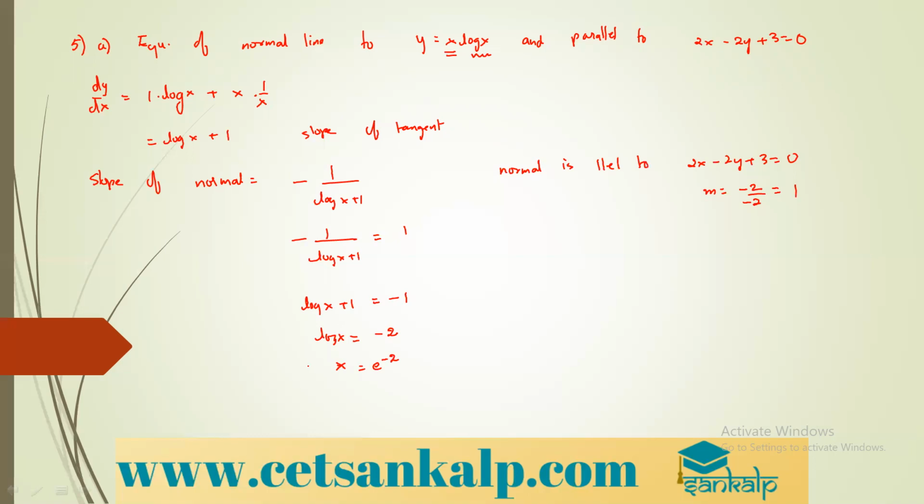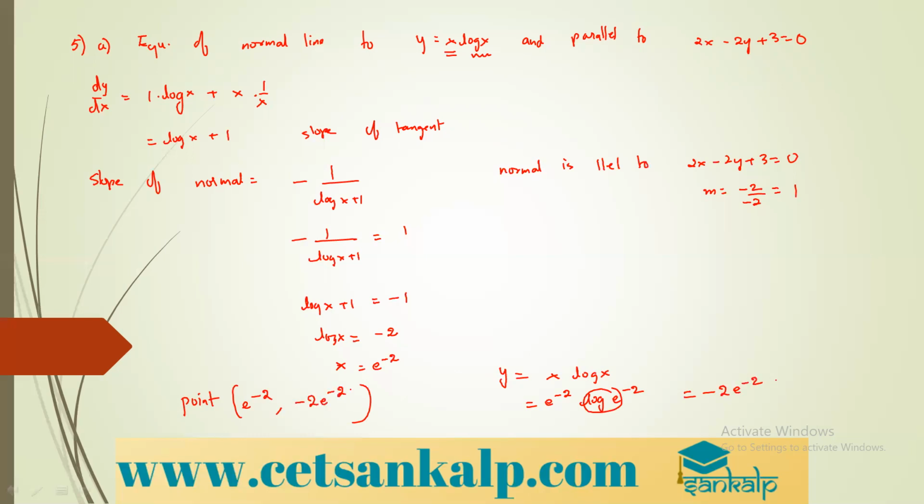So once you get x for the point, you got the x coordinate. You have to find the y coordinate. So put it in the equation y equal to x log x. X is e power minus 2, log of e power minus 2. You can remove log and e, so minus 2 e power minus 2.